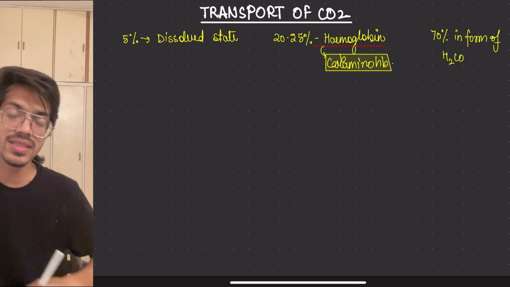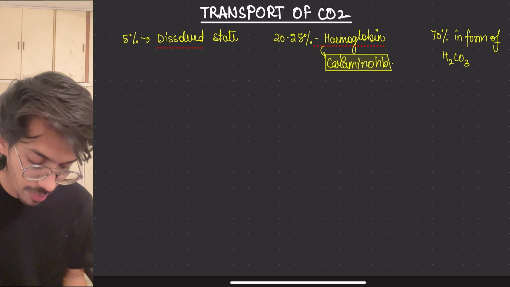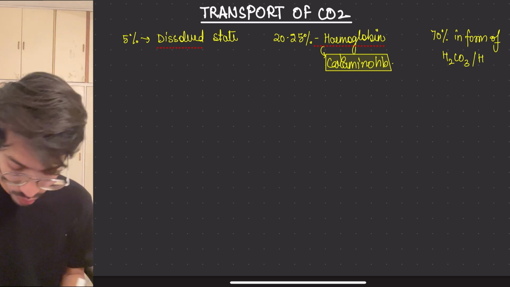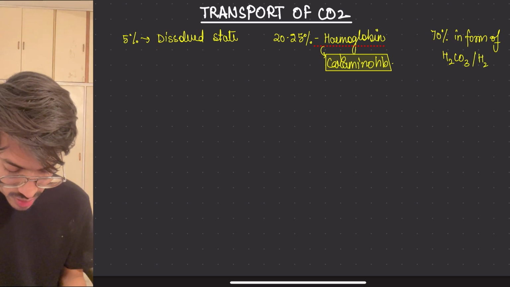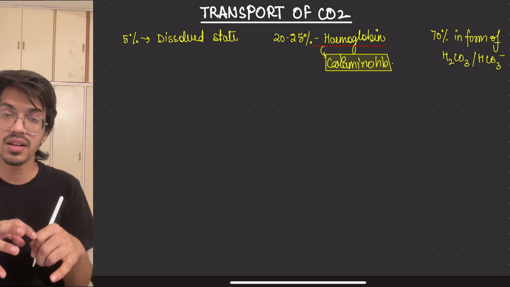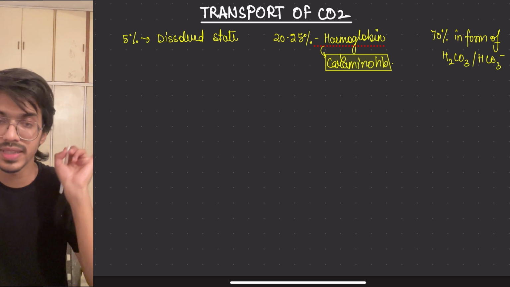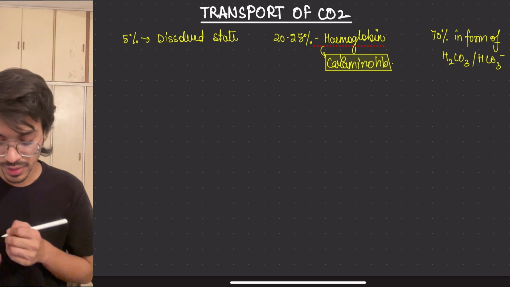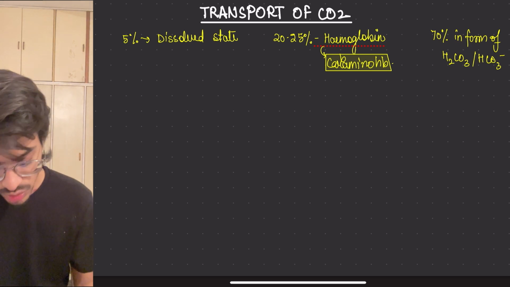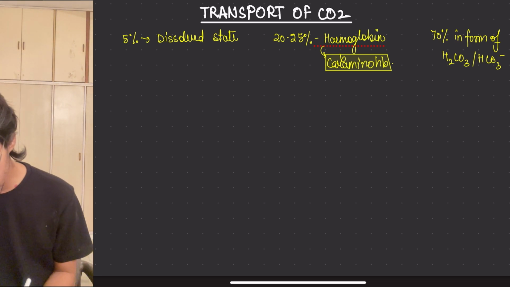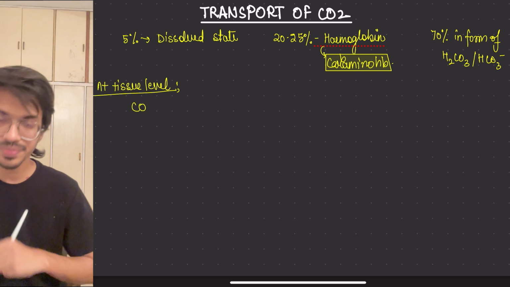Now the major thing is this bicarbonate that is being formed. This forms inside the RBC but goes outside from the RBC. So let's see what is happening. At tissue level, your carbon dioxide concentration is higher.